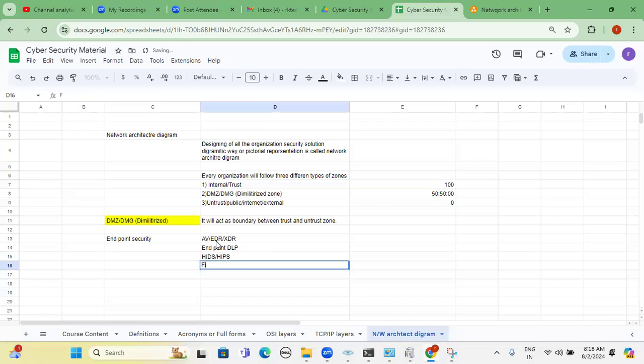Next one is file integrity monitoring on the endpoint side. Whatever files the end user is accessing as part of the OS side, or maybe drive-by downloads, or clicking on a malicious attachment, or copying some files through pen drives, we have to monitor whether he is adding, updating, deleting or modifying the data.